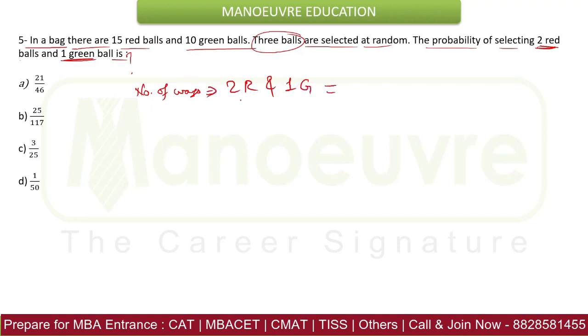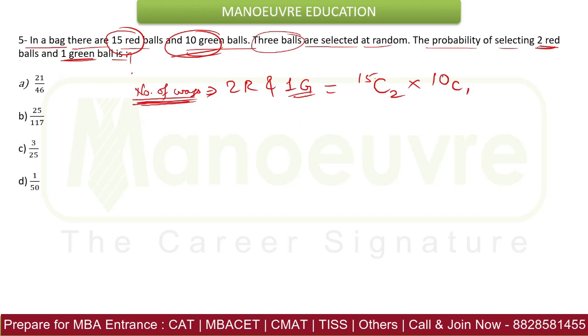So 2 red balls are to be selected out of 15 red, so that will be 15 C2, and we have to use multiply here. 1 green ball is to be selected from 10 green, so that will be 10 C1. So those are the required number of ways. And what will be the total number of ways?